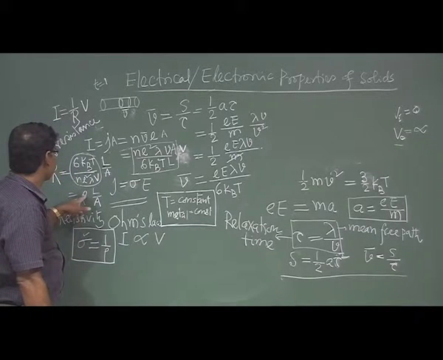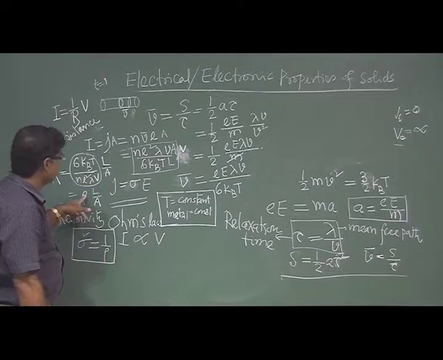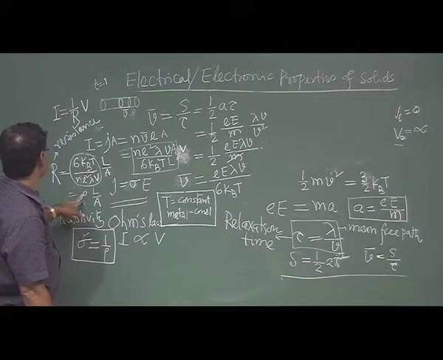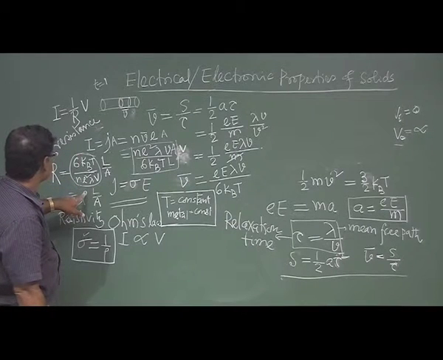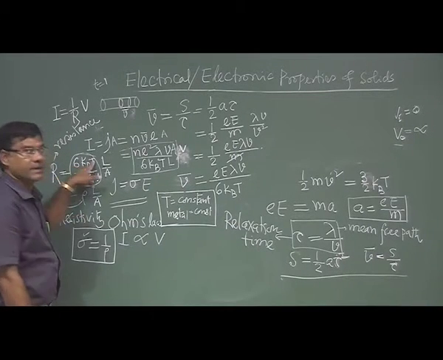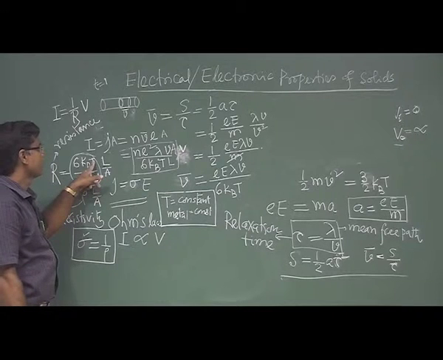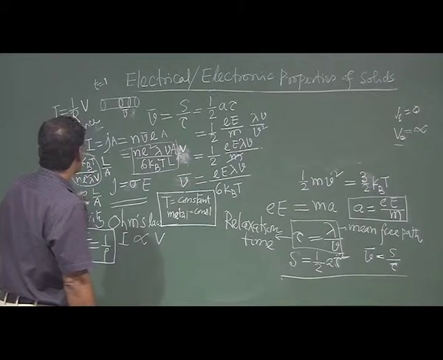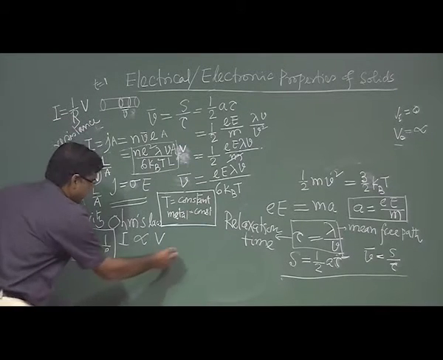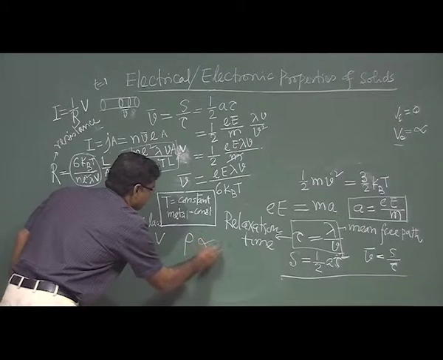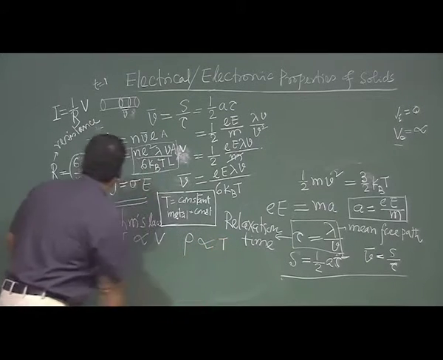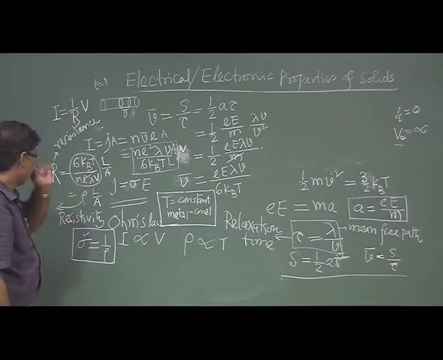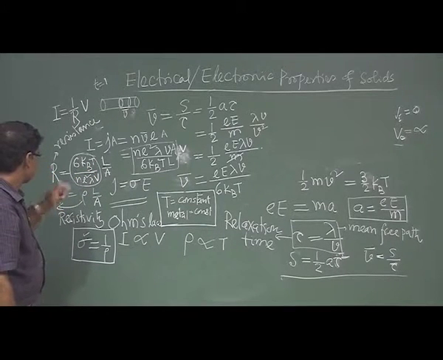So, resistivity, as I told, is proportional to T. If you think about the temperature, resistivity is basically proportional to T at room temperature, right. So, resistivity is proportional to temperature T, and that one can also see from here, right.